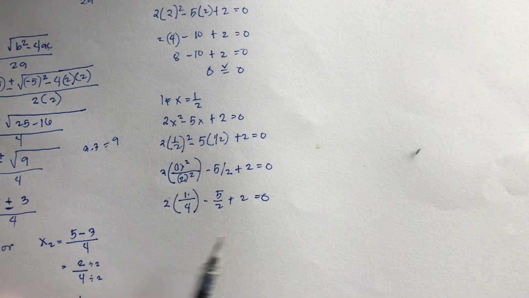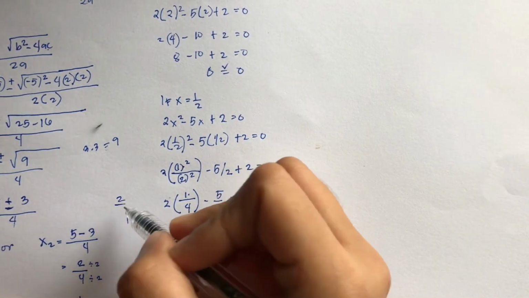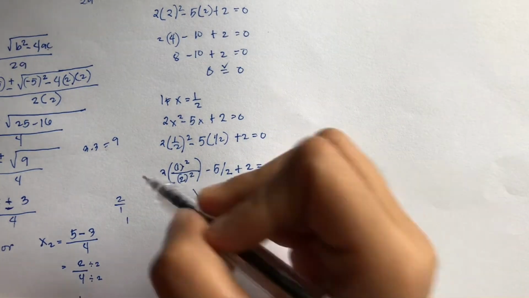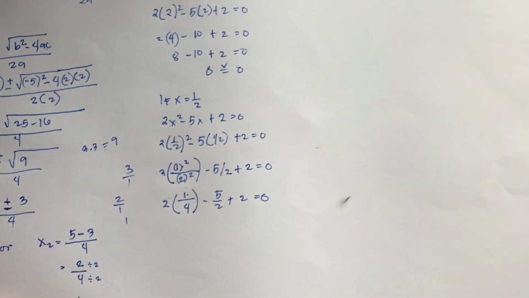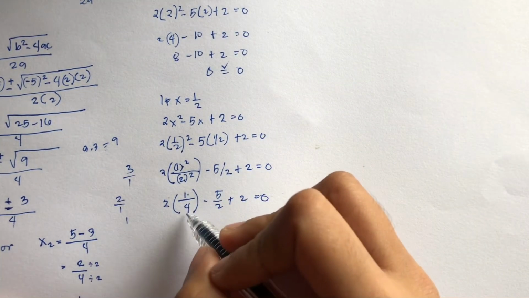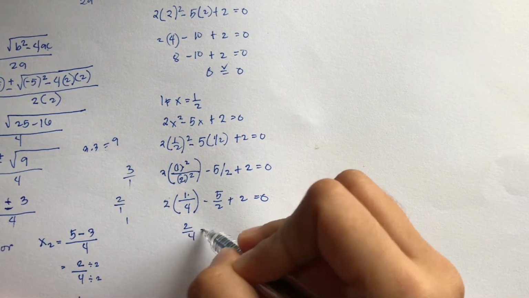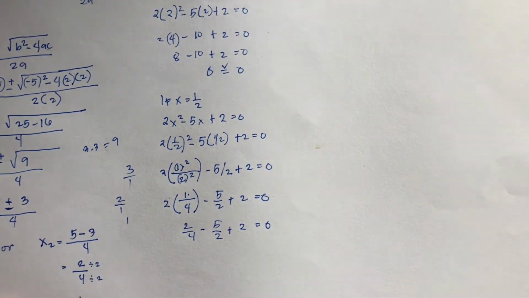Remember that the denominator of a whole number is 1. So if we have 2 here, its denominator is automatically 1. If we have 3 as a whole number, its denominator is automatically 1. So 2 times 1, that's 2 divided by 4, minus 5 over 2 plus 2 equals 0.